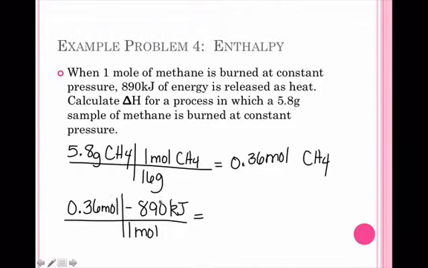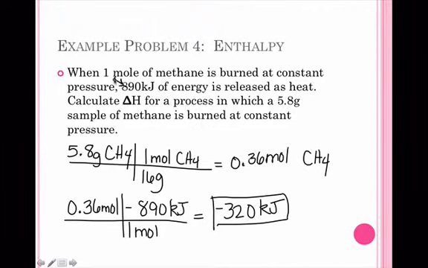So when I do that, I multiply them together, and I end up with a negative 320 kilojoules. So if 1 mole of methane releases 890 kilojoules of energy, 0.36 moles of methane is only going to release negative 320 kilojoules. So you can use these as conversion factors, and we can just do conversions like we did down here, stoichiometry problems with these.